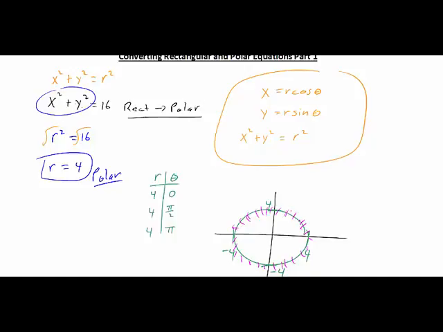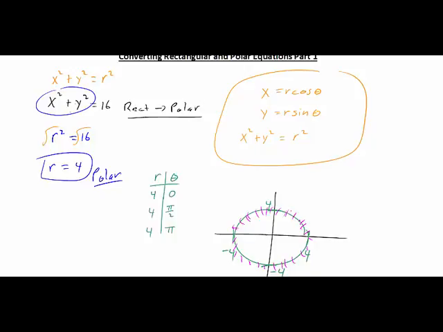The variable is not squared, it is simply r equals 4. And that is one reason that we have the polar system, so that we can simplify some of these equations that we have, particularly those that are centered at the origin. And you'll find out that a lot of times that will make it an easier way to represent the equation.